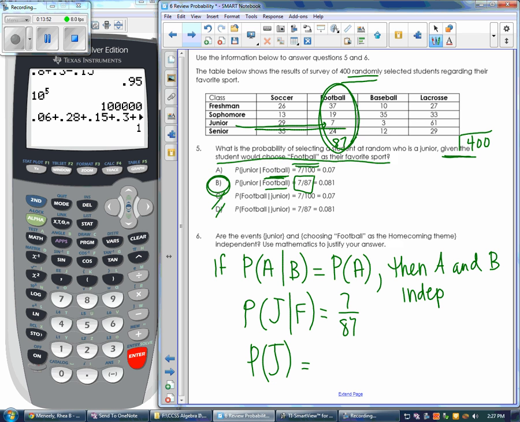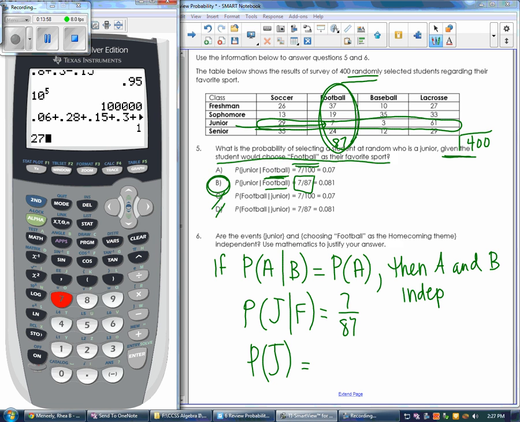I've got to figure out how many juniors there are. So let's add them up. We've got 29 plus 7 plus 3 plus 61. And that gives me 100.